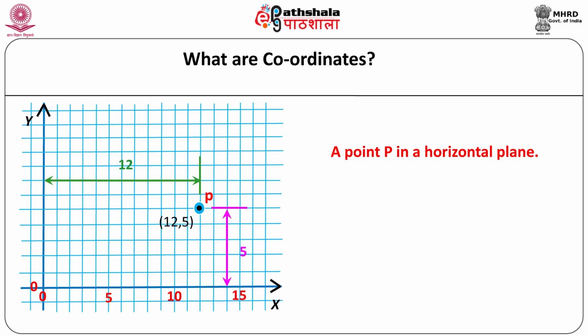It is not necessary to mention that it is at a distance of 13 units from O. The reference lines OX and OY chosen by us are known as coordinate axes and the distances 12 and 5 are known as coordinates of the point P. Thus, the coordinates of point P will be x equal to 12 and y equal to 5. We can give many such examples which are much more familiar to us.